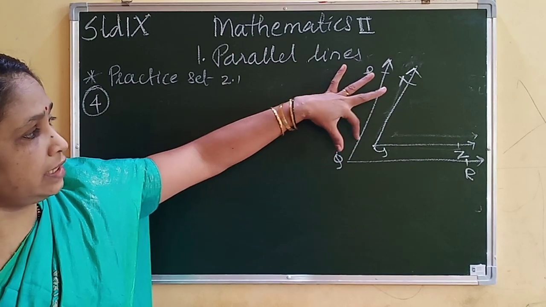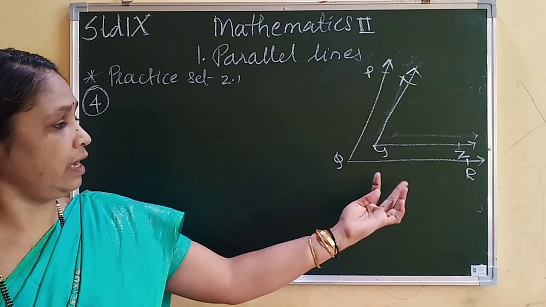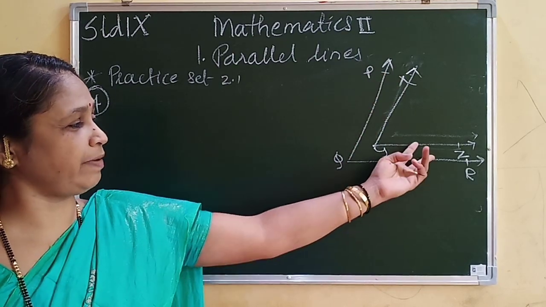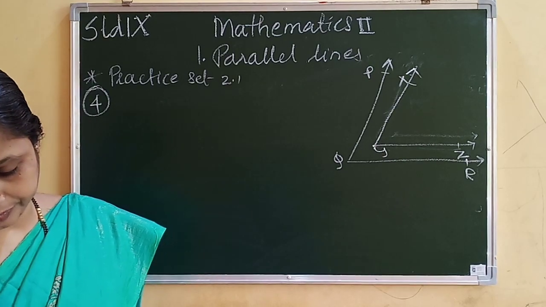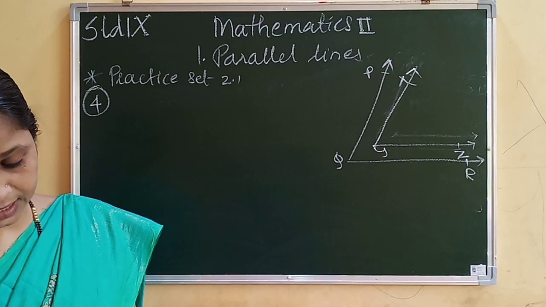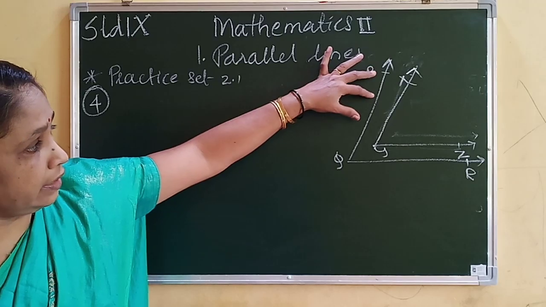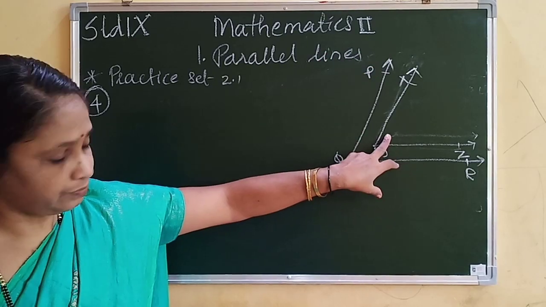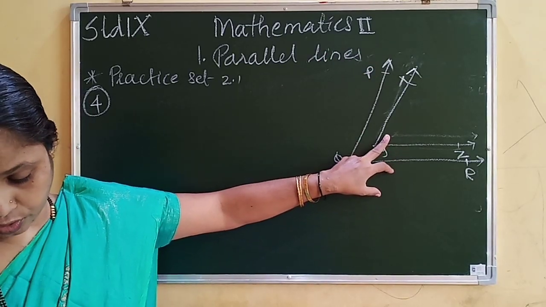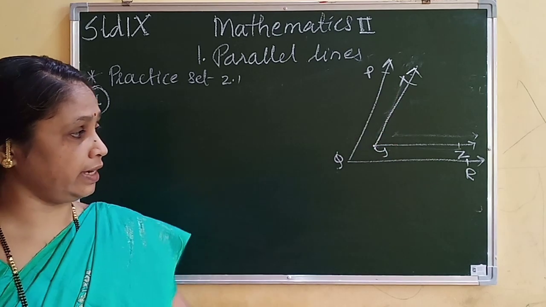PQ side is parallel to XY and QR side is parallel to YZ. Now what you have to prove is that angle PQR is congruent to angle XYZ.